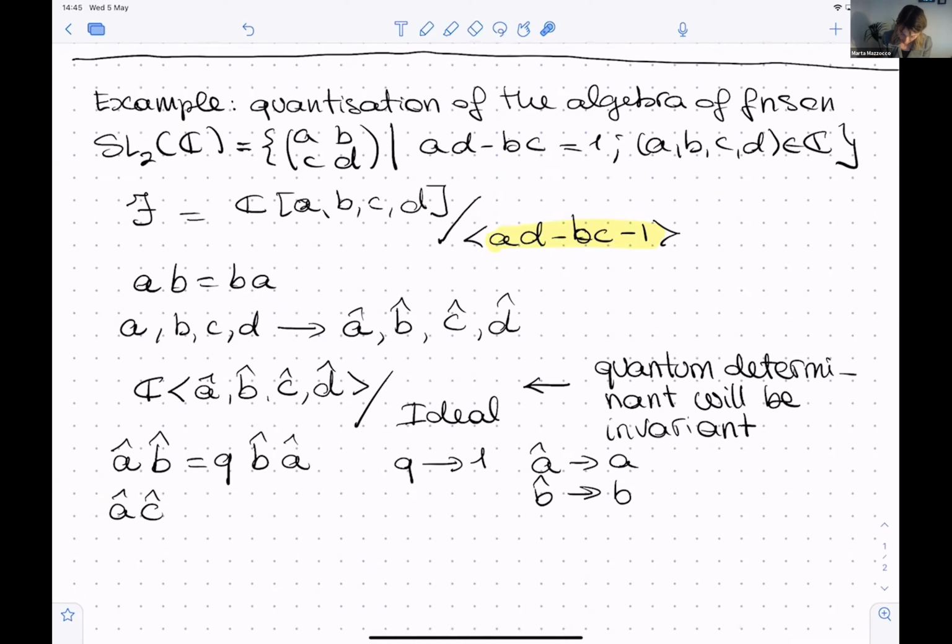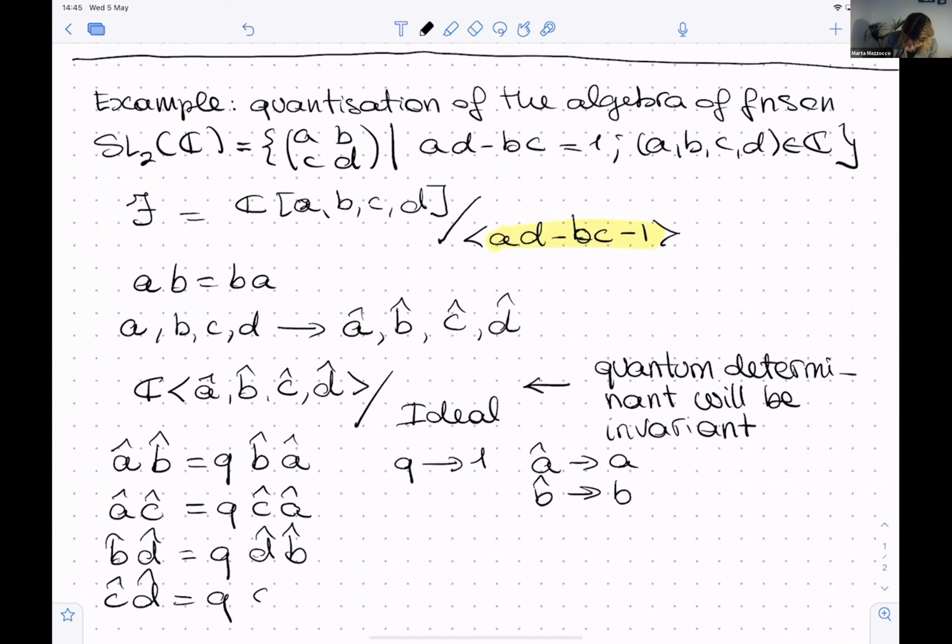Because I've decided that A and B satisfy a certain relation, I'm going to say that the same thing is valid for C. And then let's do also D. Oh, sorry. For D, I will go the other way around. BD is equal to q DB, and CD is equal to q DC.